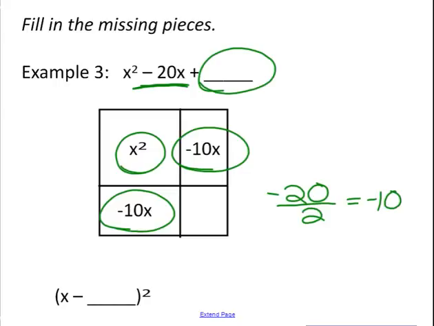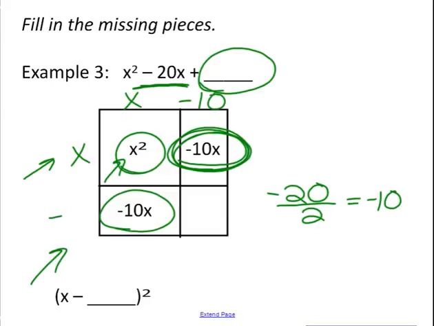Now, as far as what goes on the outside, if I have an x squared here, I have to have an x and an x. To get a negative 10x, negative 10x is negative 10 times x. I've got the x here. I need to get a negative 10 there. And same for down here, I need a negative 10.